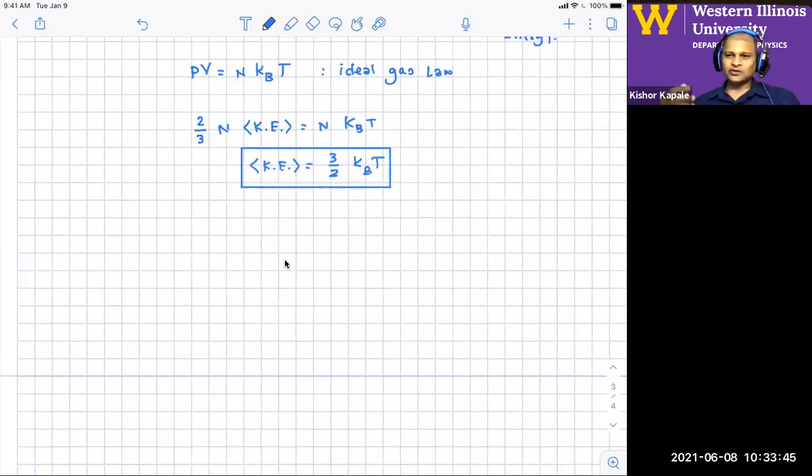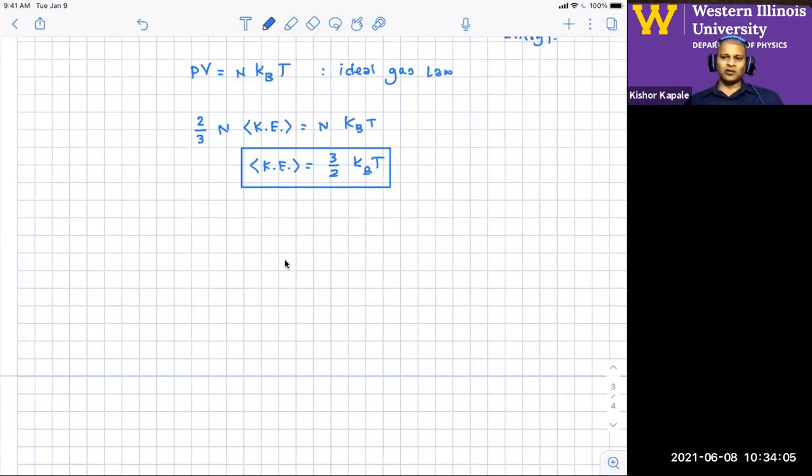So we proved using microscopic considerations, looking at the velocities of all the particles and their distribution, and without assuming any specific form for the velocity distribution. Remember, I never wrote down the functional form of f as a function of v. We did not have to.